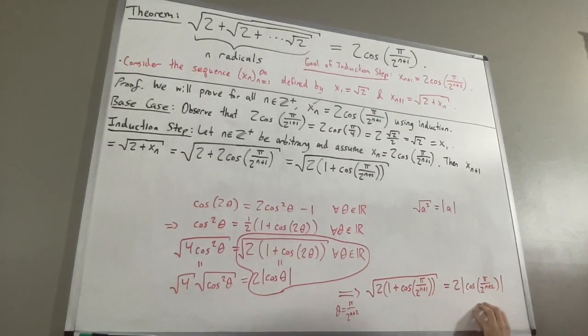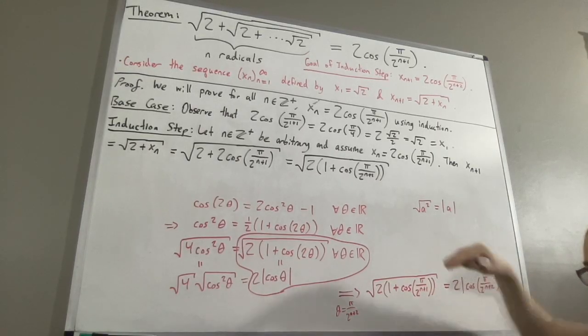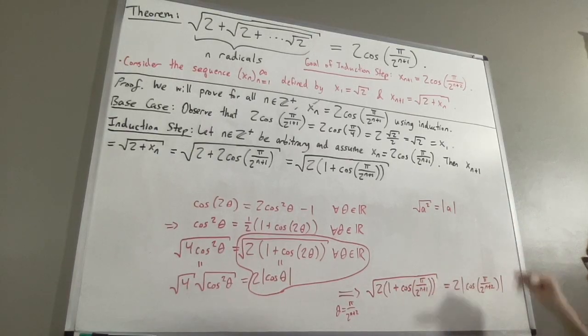So we have this. But actually, cosine of pi over 2 to the power of n plus 2 is positive, because the cosine of anything between negative pi over 2 and pi over 2 is positive. That's where the cosine function is above the x-axis. So we can get rid of the absolute values here.